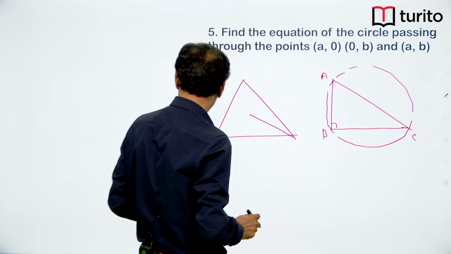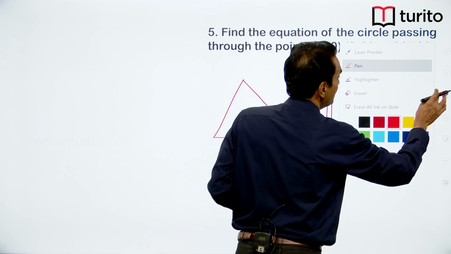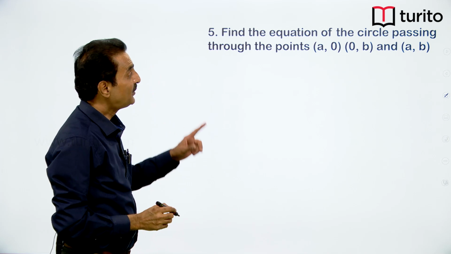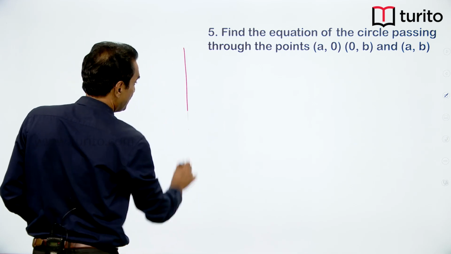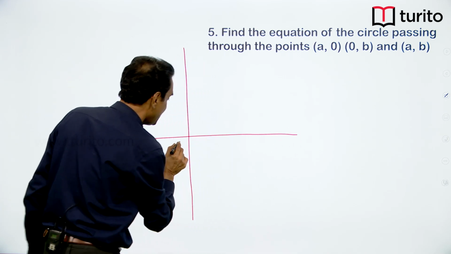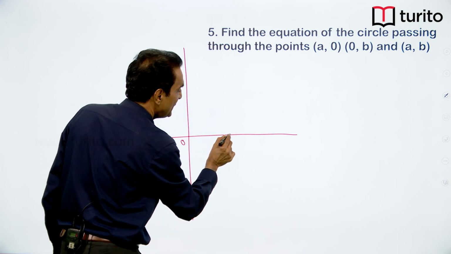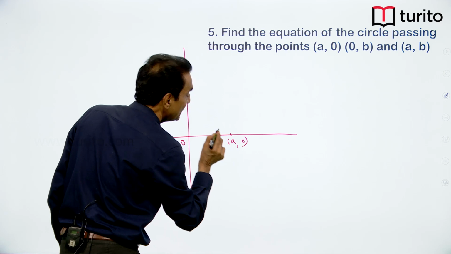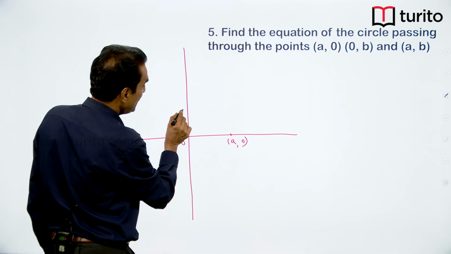Now, observe the given points. The first point is a comma 0, it lies on the x axis. Second point 0 comma b.